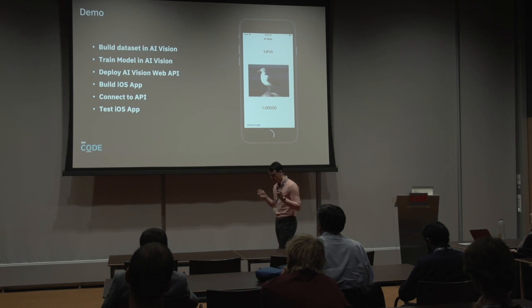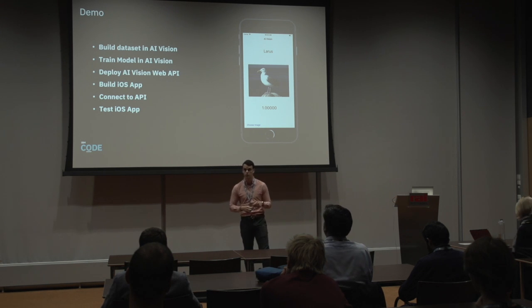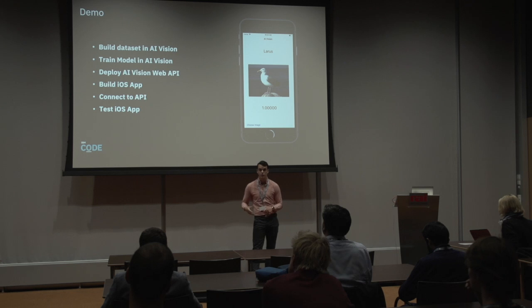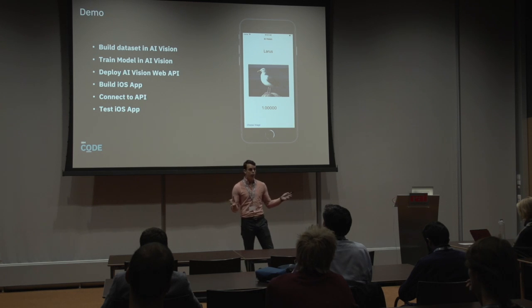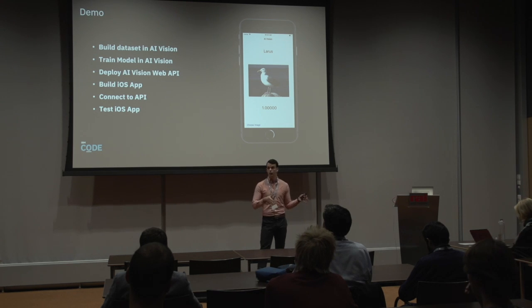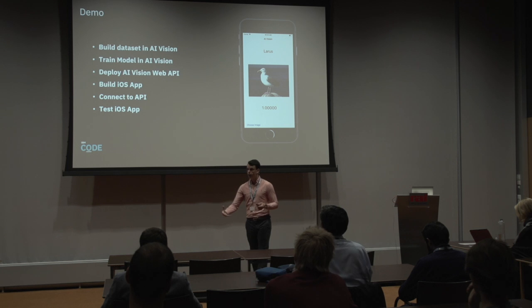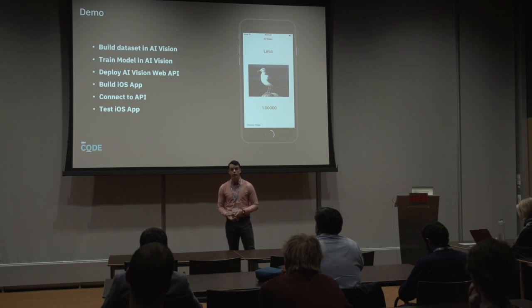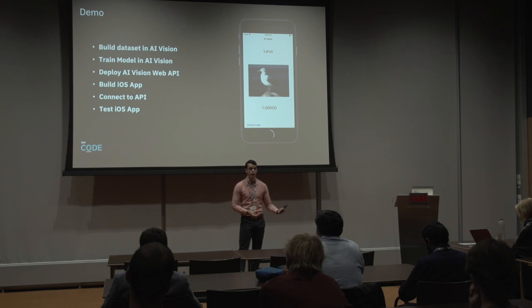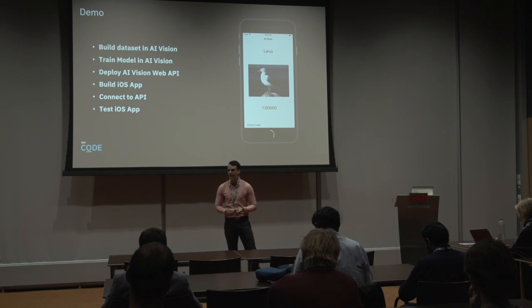Before I go into the demo, there's a few considerations that I wanted to touch on about actually the architecture for these applications. So I've spoken heavily about using the AI Vision API, right? There are times when that's a really good idea and times when you don't want to do that. It's a really good idea because this talk is about AI Vision and the REST API.